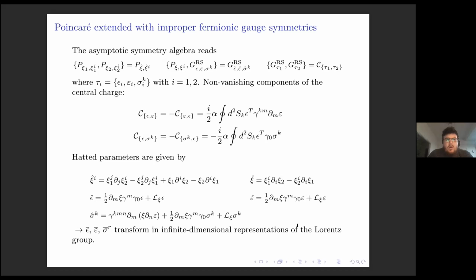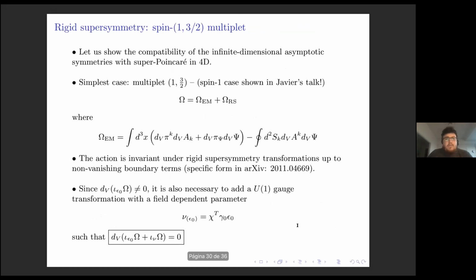Okay, this is all with respect to the free theory of the spin 3-half field, and now we will show the compatibility of these infinite dimensional asymptotic symmetries with super Poincaré, and for this we choose the simplest case, which is the multiplet 1 and 3-half, and the spin 1 was already shown by Javier and Cedric in their talks.